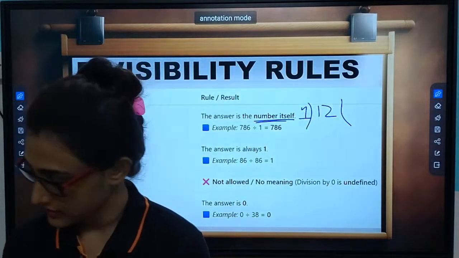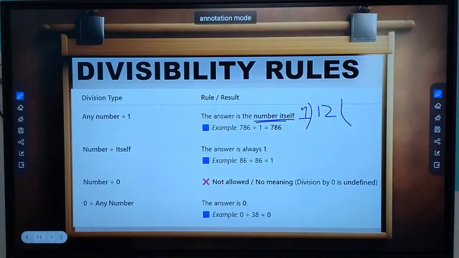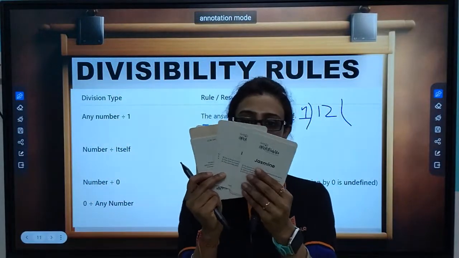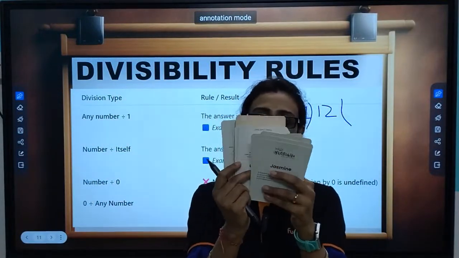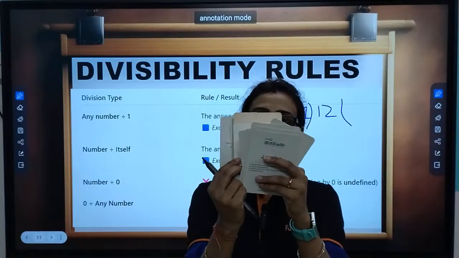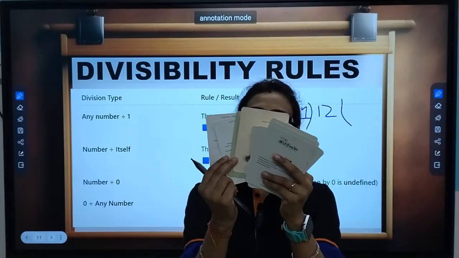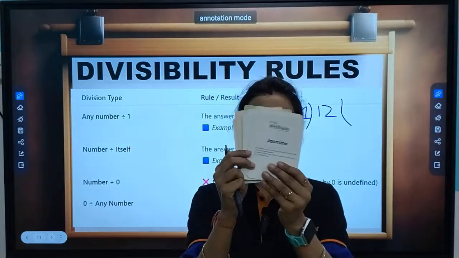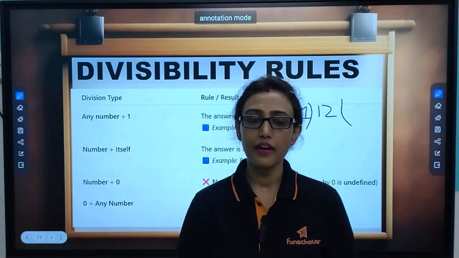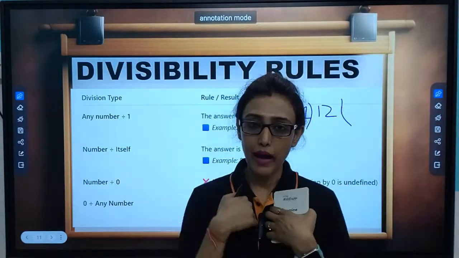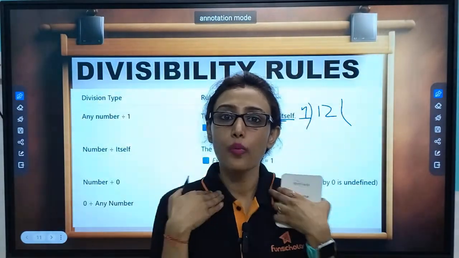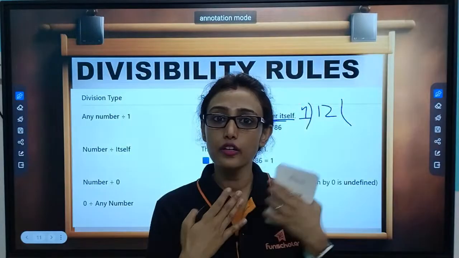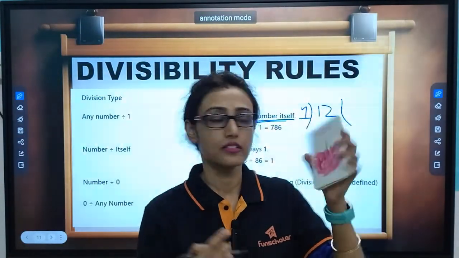Suppose I have 12 cards. 1, 2, 3, 4, 5, 6, 7, 8, 9, 10, 11, 12. And I have been asked to divide them among myself only, because there is one person. I am the one who has the 12 cards.